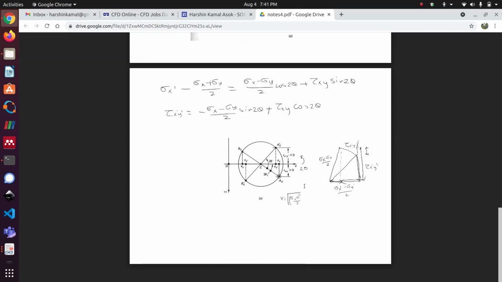So principal stresses are the maximum and minimum value of normal stresses, and principal planes are the planes on which the principal stresses are acting.